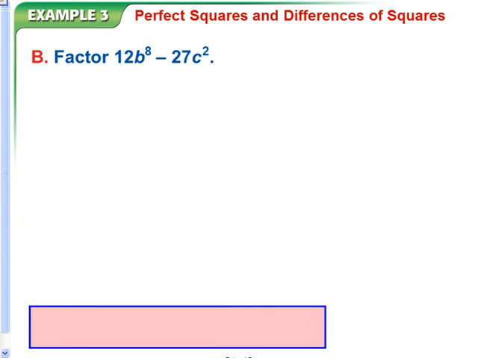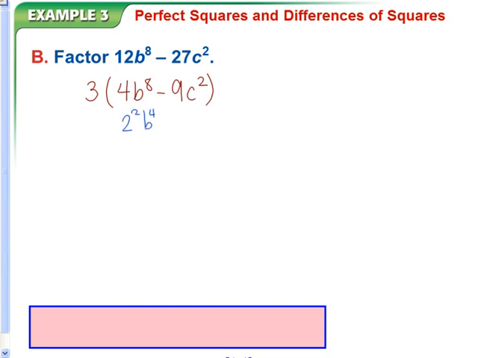Okay, now this one. I don't really see much other than a greatest common factor, and that would be a 3. So we've got 4b to the 8th minus 9c squared. But now when I rewrite it like that, I notice that everything in there is a squared number. 4 is a squared number. b to the 8th actually is squared.